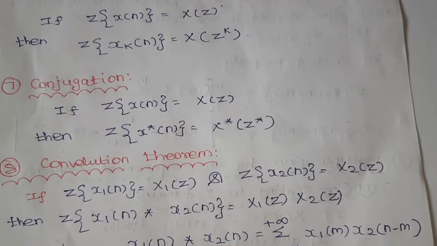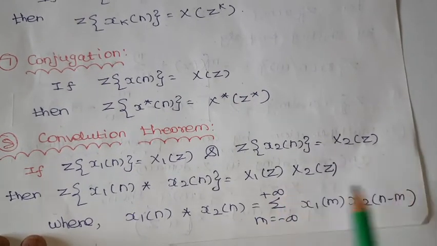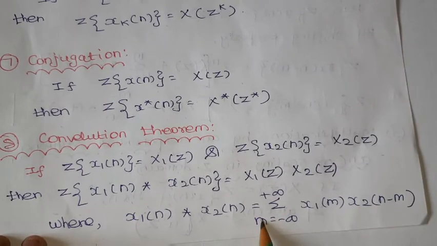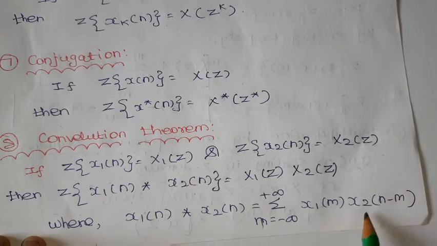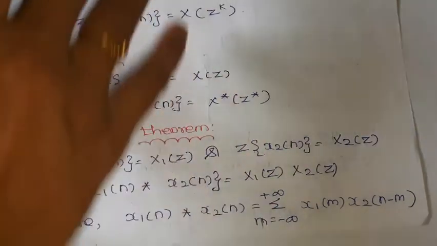Here the convolution x1 of n with x2 of n is the summation over m from minus infinity to plus infinity of x1 of m, x2 of n minus m.